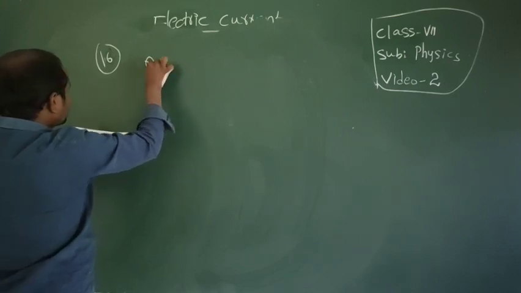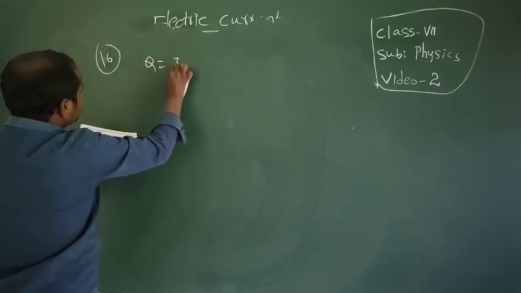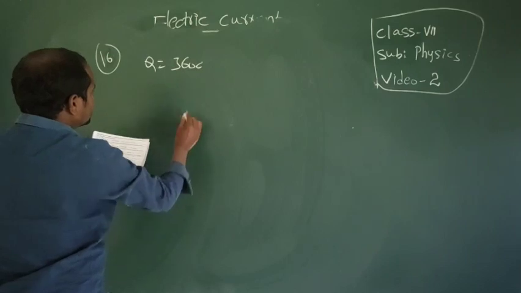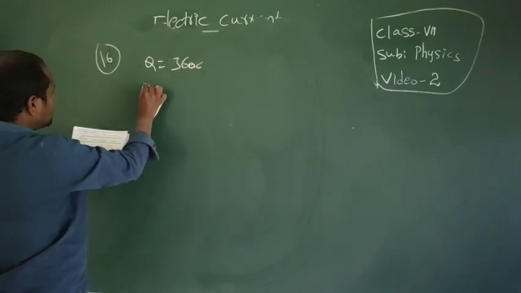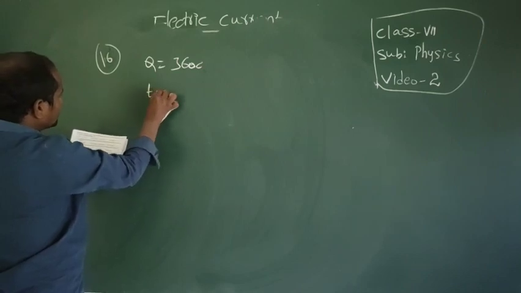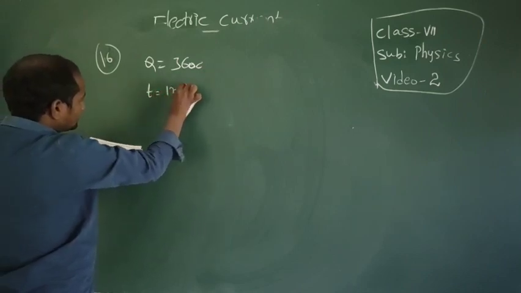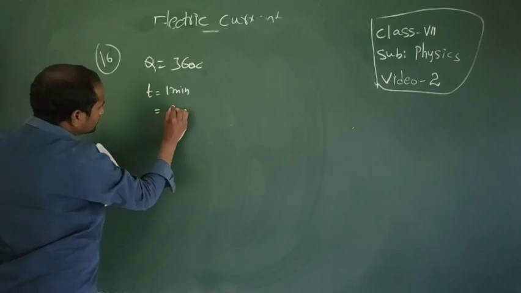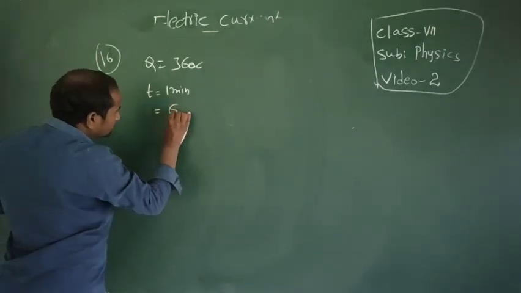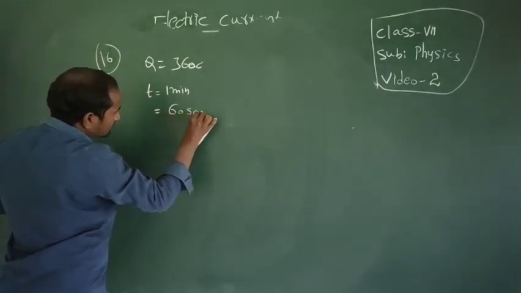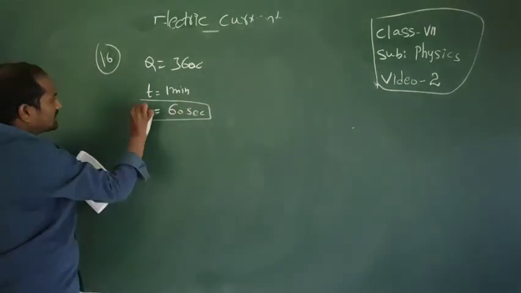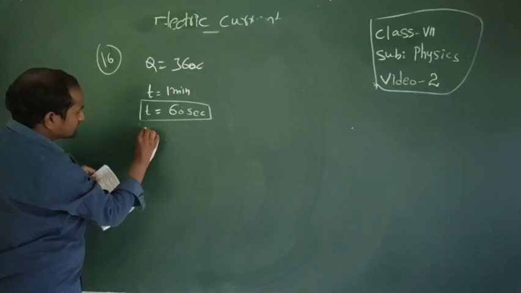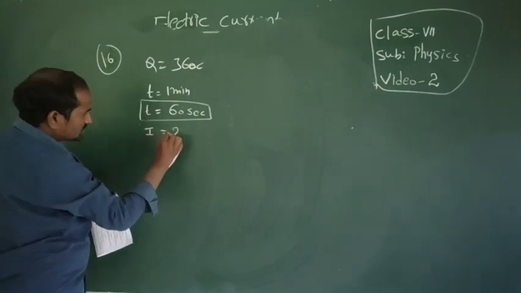Q equal to 360 coulombs per minute. T equal to 1 minute, that equal to 60 seconds. Then find the I.